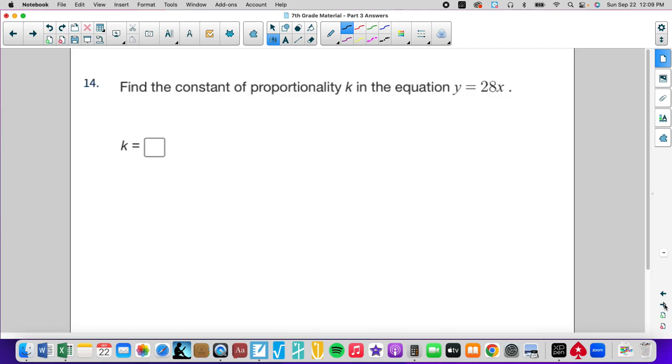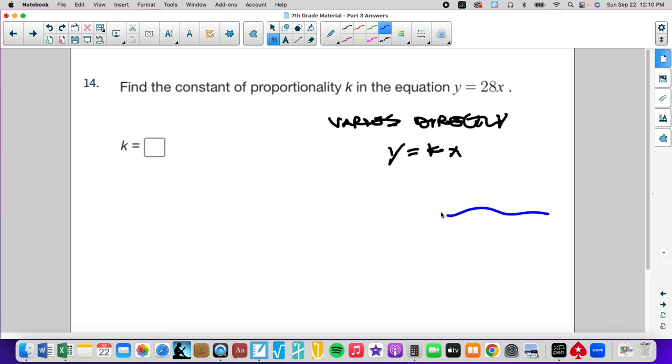It's a bad question. Number 14, find the constant of proportionality k in the equation y equals 28x. We need to know that when things vary directly, which is what they're saying, proportionally, you have this formula, y equals kx. The other is when it is an inverse variation.